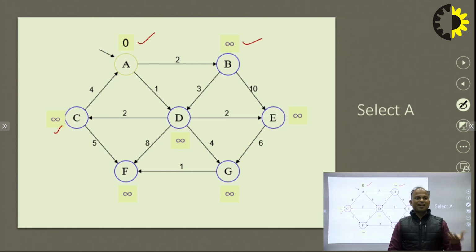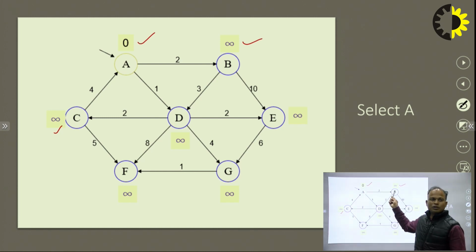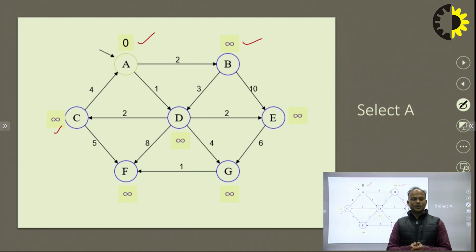The reason is that we are at A, and therefore from A to A the distance is 0. We have mentioned 0 here, but we have no idea about B, E, G, F initially. Therefore, we have mentioned infinity. This is the procedure to apply this algorithm.